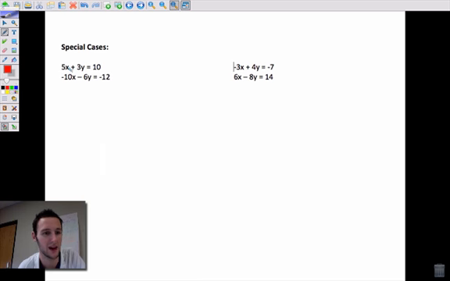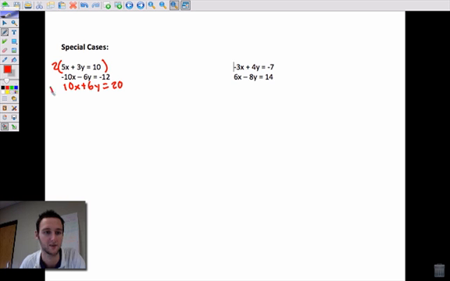And when I see that, I think that it's going to be very easy to cancel these x's, because all you would have to do is multiply this first equation by 2. So if we multiply that by 2, what we'll end up with is a positive 10x. And if you look at this negative 10x, that's a good thing that we have this positive 10x. We'll also have a plus 6y equals 2 times 10 is 20.